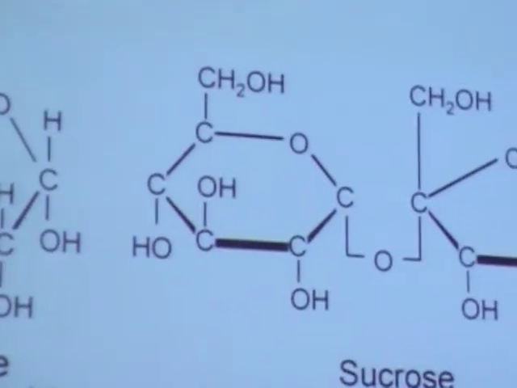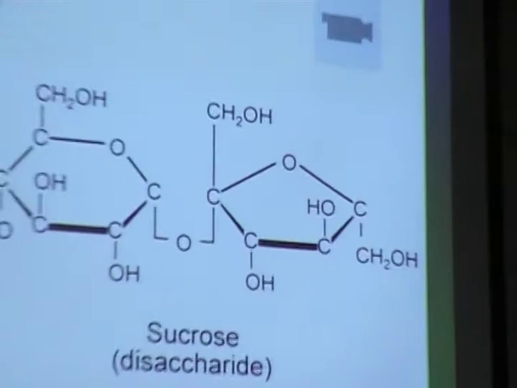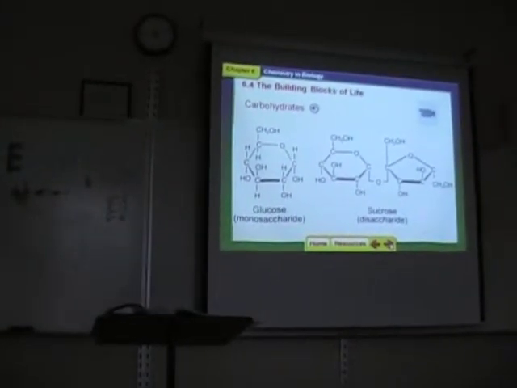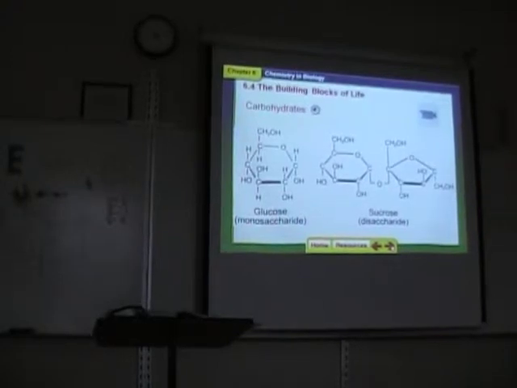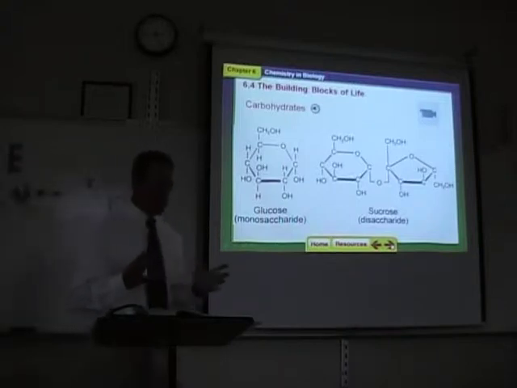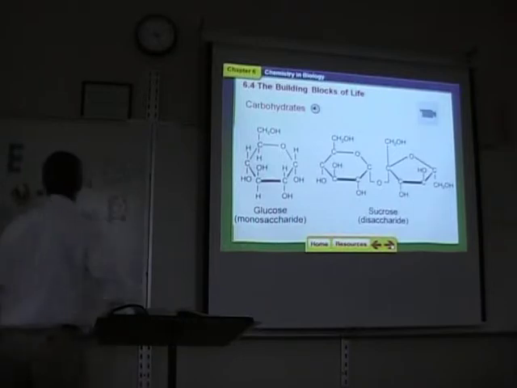Let's look at page 168. Now, it turns out that these organic molecules come in 4 different types that you're going to have to know.